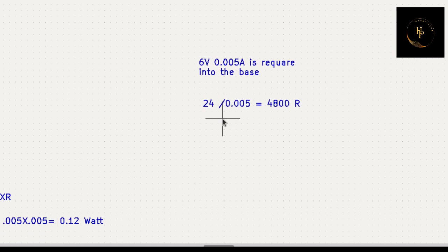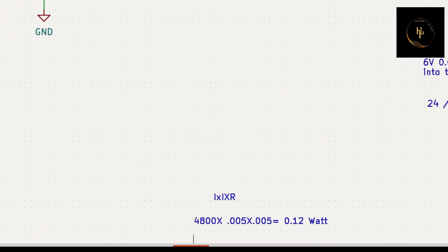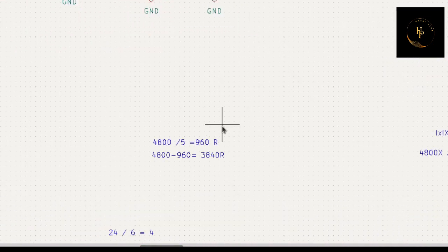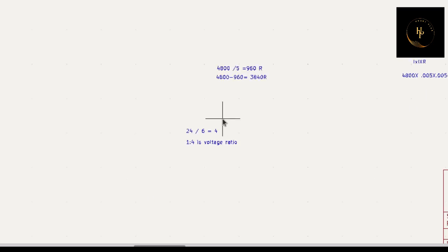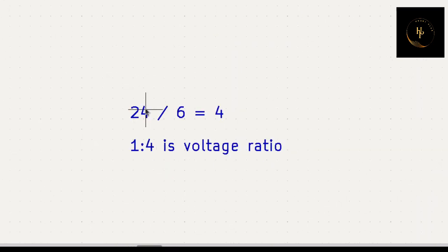I have a way. Look at this. 24 volt, that is my drive voltage, and that is my requirement voltage, 6 volt. I divide 24 volt by the output voltage, that is 4.